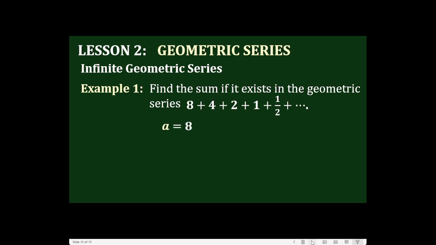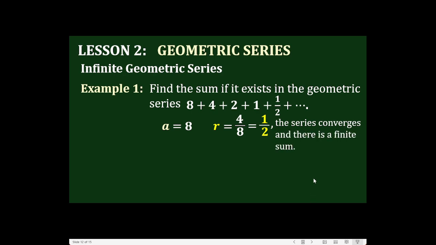A, which is 8, and R, which is equal to 4 divided by 8, or 2 divided by 4, or 1 divided by 2, which is simply 1/2. Now we verify the value of R, which is at this point 1/2. You will notice that 1/2 is less than 1. Therefore, the series converges and there is a finite sum. So the sum really exists.